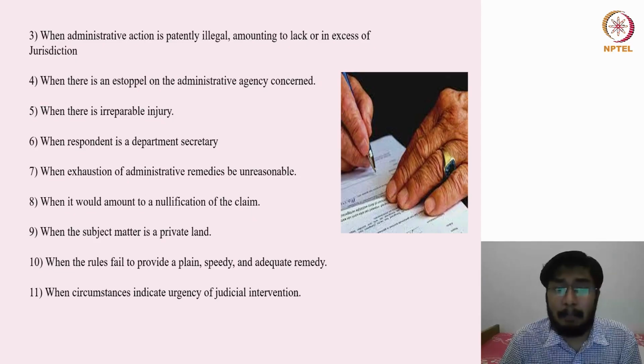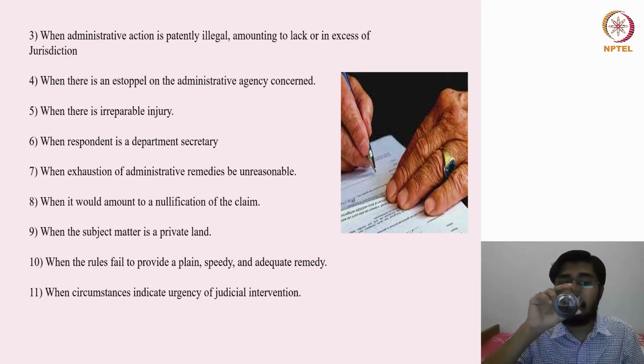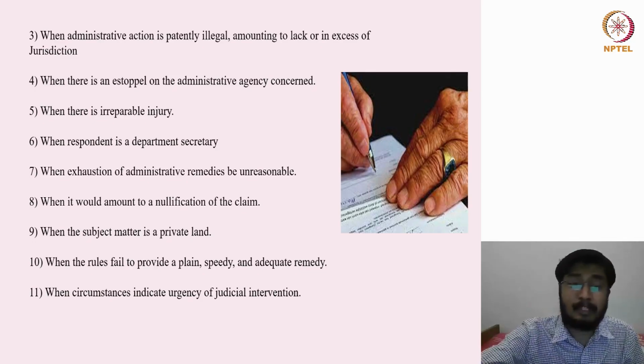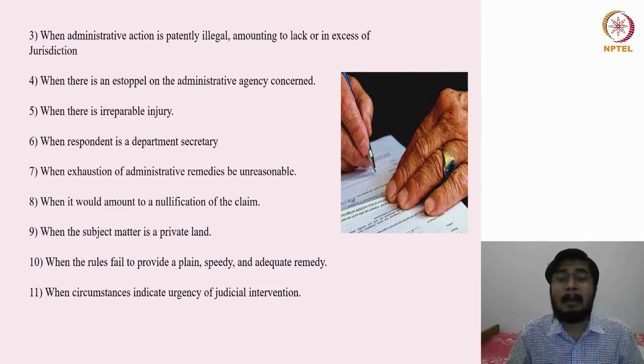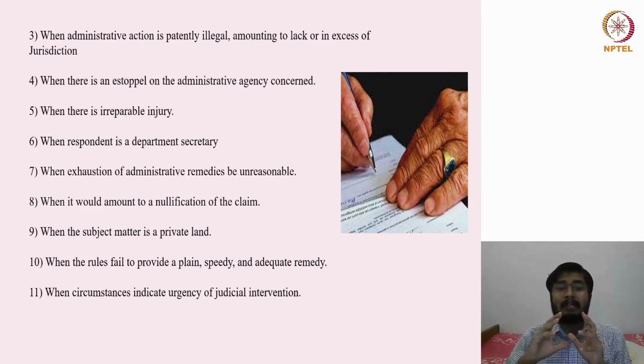When there is irreparable injury, when the respondent is a department secretary, you cannot do that because that will amount to a conflict with the principles of natural justice, that you cannot be a judge in your own case. When exhaustion of administrative remedies would be unreasonable. We need to understand, friends, that administrative remedies and orders that come need to be very reasonable.